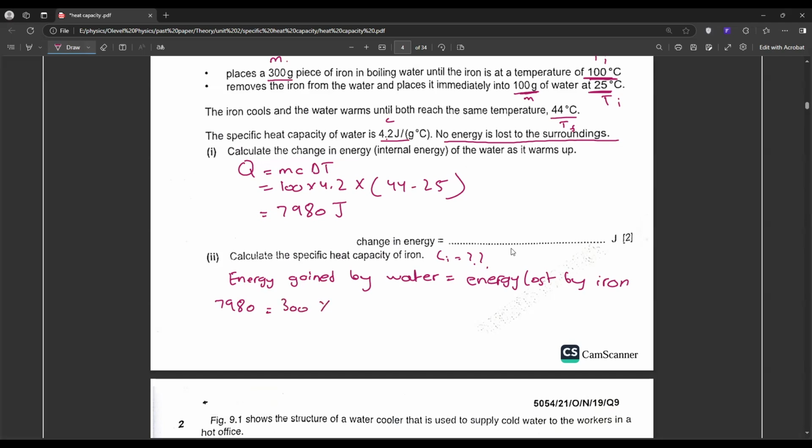What was your specific heat capacity of iron? You don't know. What was your change in temperature of iron? 100 minus 44. So 7980 divided by 300 into 100 minus 44. This gives you a value of 0.475 joules per gram degree centigrade, your specific heat capacity. Simple as that. Let's move on to the next question.